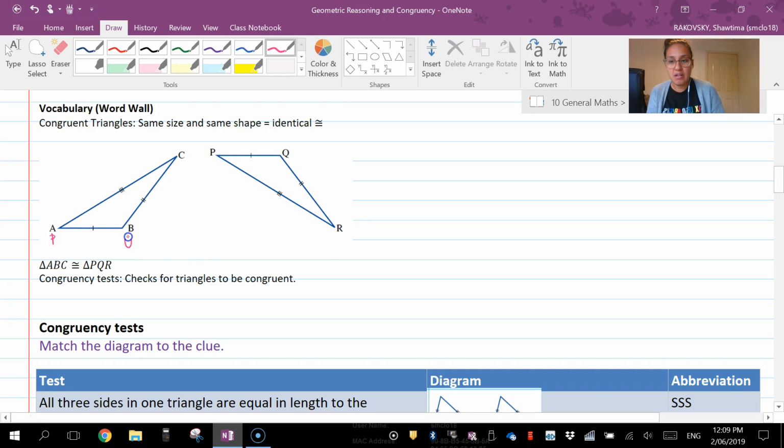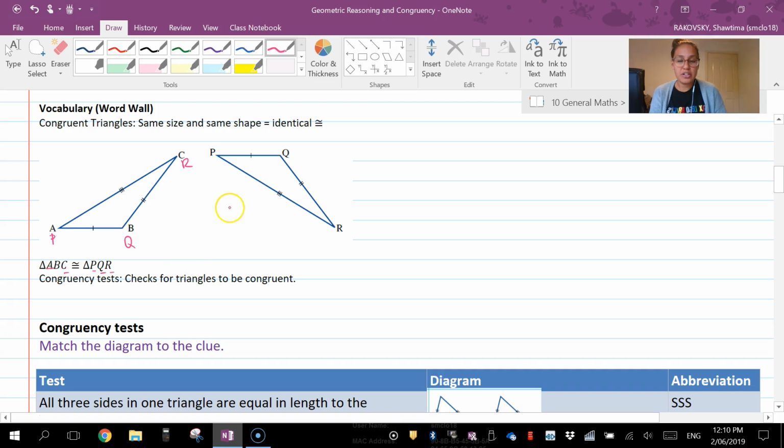P, Q and R correspond, and they line up with their corresponding sides. That's the convention of writing these triangles. You wouldn't write ABC is congruent to RPQ, because it's not the same convention, the same corresponding sides.